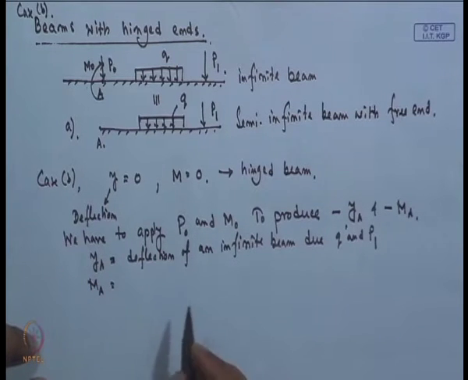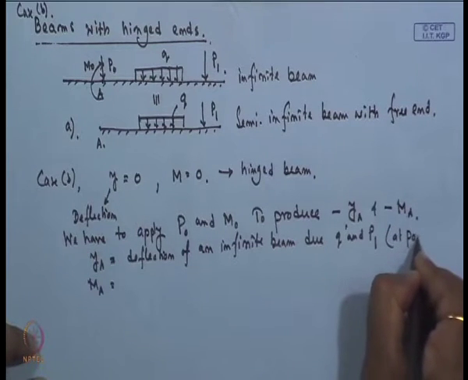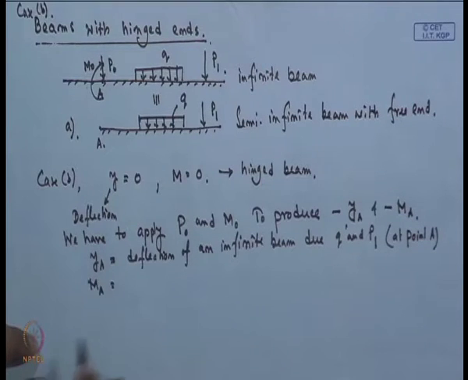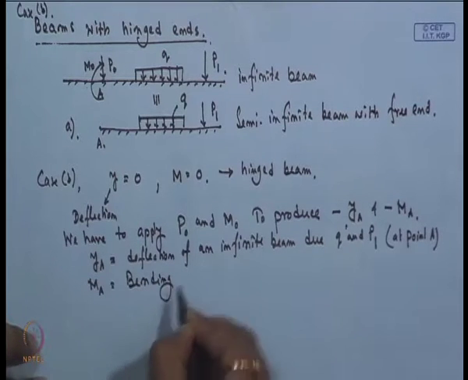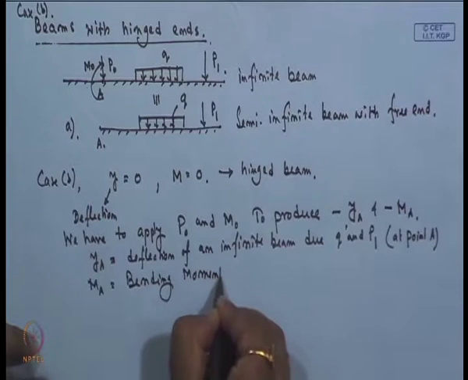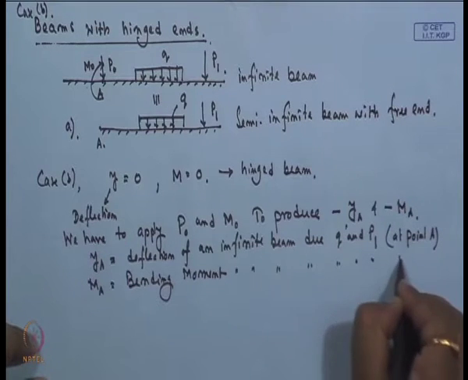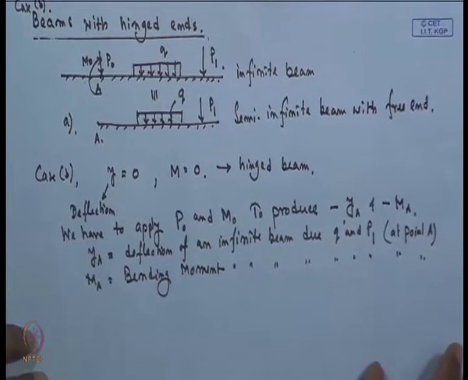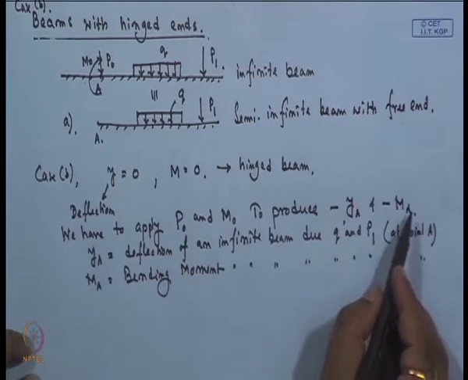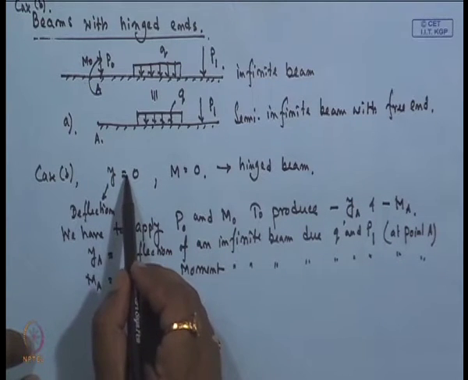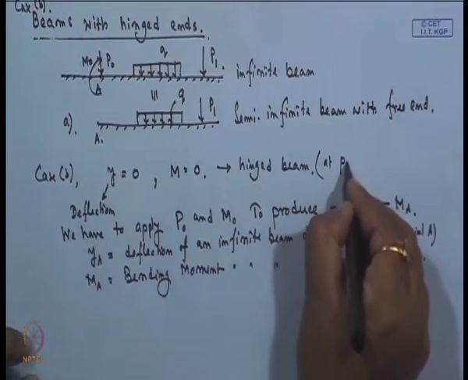Similarly, m a is the bending moment of an infinite beam due to q and p at point A. So, we apply P 0 and M 0 to produce minus y a and minus m a, so that the net deflection at point A is 0 and the bending moment is also 0.